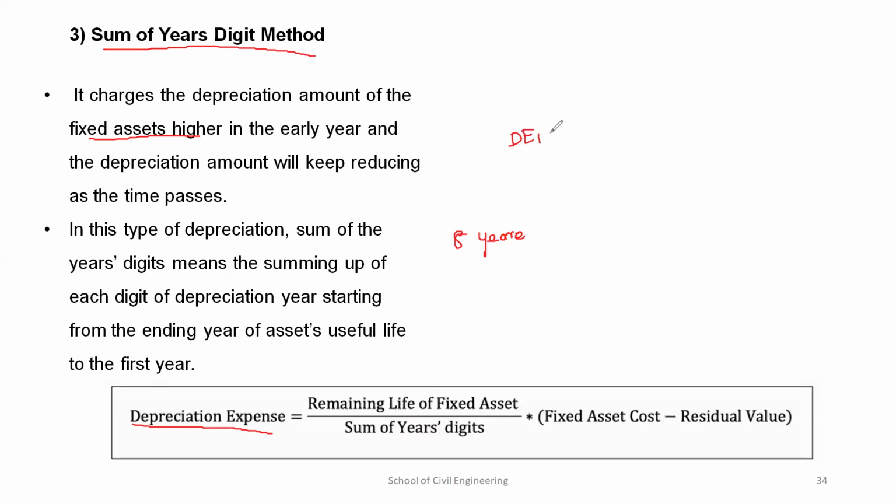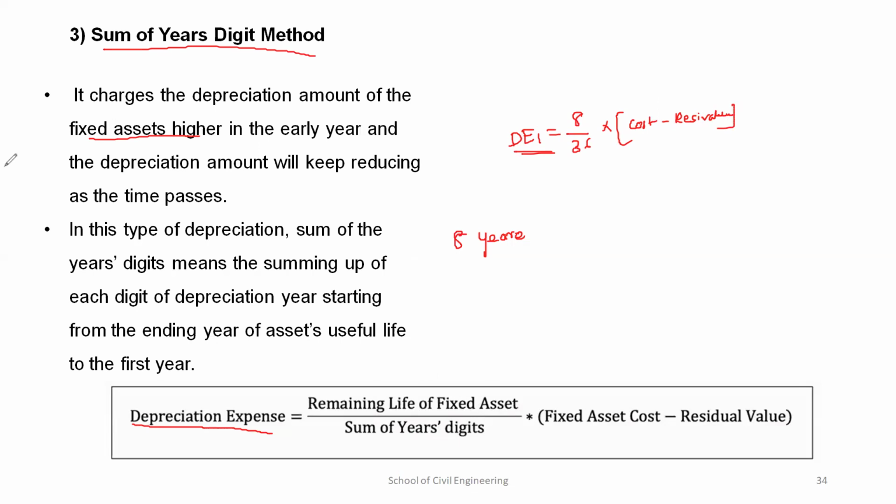Then the remaining life for the first year is 8 years, because it has 8 years of life. Then the sum of years digit is 36, multiplied by the fixed asset cost minus the residual value, and we'll get the depreciation for that particular period.